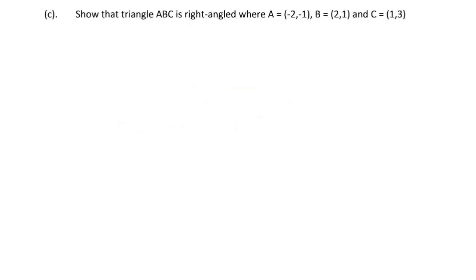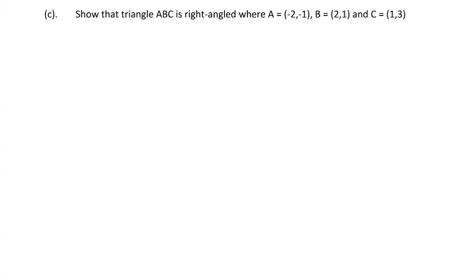Okay, so part C of the question: show that triangle ABC is a right-angled triangle where A equals (-2, -1), B equals (2, 1), and C equals (1, 3). Okay, so this is a geometric problem, and we have to remember that a right-angled triangle obeys Pythagoras theorem. Okay, so let us sketch the problem.